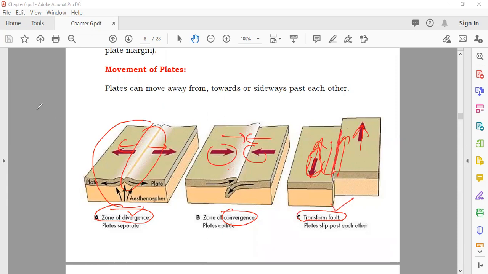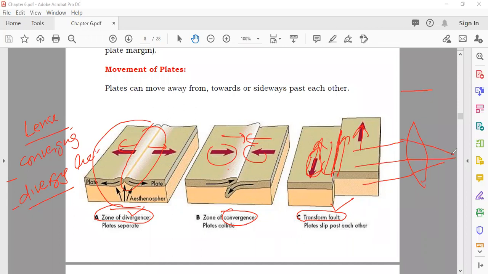In physics, you are doing the lens. In the lens, you have two types: converging lens, diverging lens. Got it? Converging lens means light coming like this into the lens will be brought together on one point, all of them.